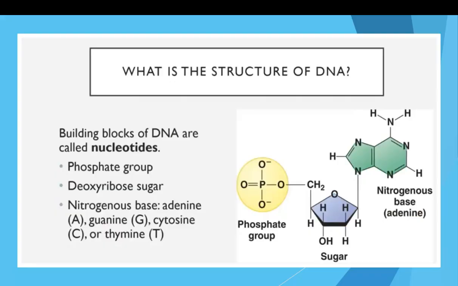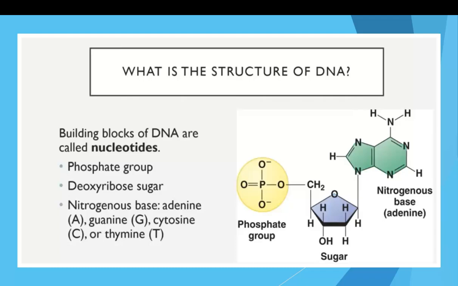So, a little review or refreshing about the DNA structure. If you remember, DNA is a macromolecule which is made of smaller subunits that you know as nucleotides. We have 4 different types of nucleotides in DNA: adenine, guanine, cytosine, and thymine.